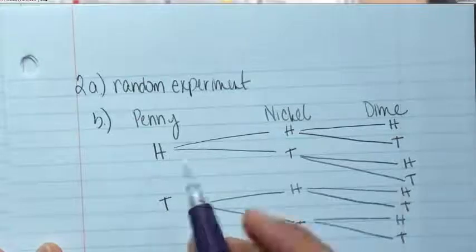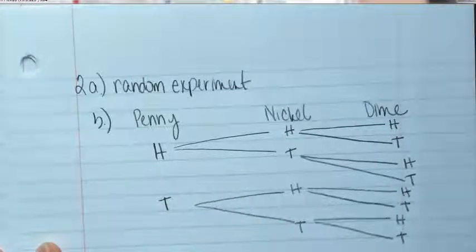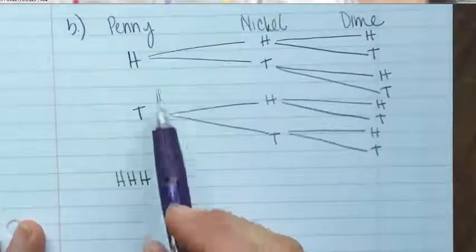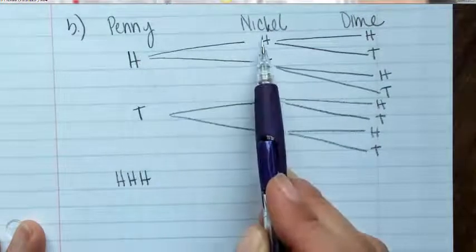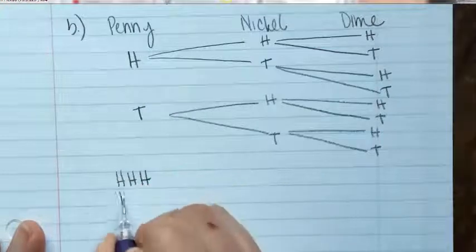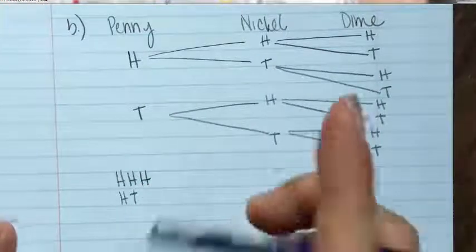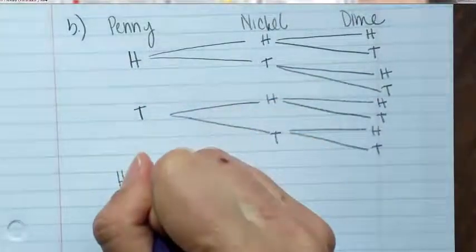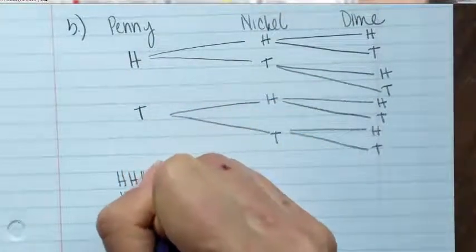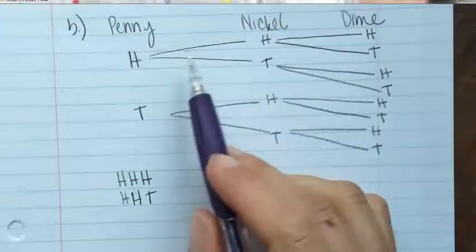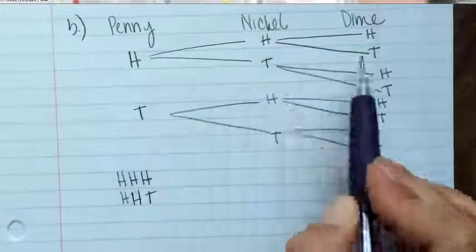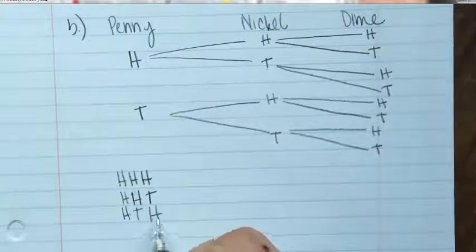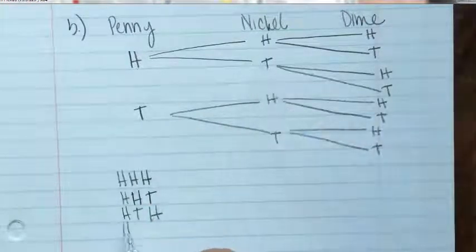So I'm going to go ahead and list them. I can get heads, heads, heads. There we go. Heads, heads, tails. I'm going to list them downwards, since they're a little bit easier to see that way, but you can also list them with commas. So I went heads, heads, heads; heads, heads, tails; heads, tails, heads; heads, tails, tails.